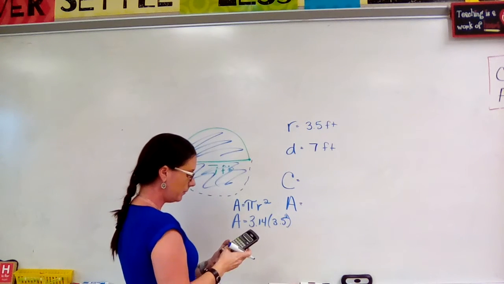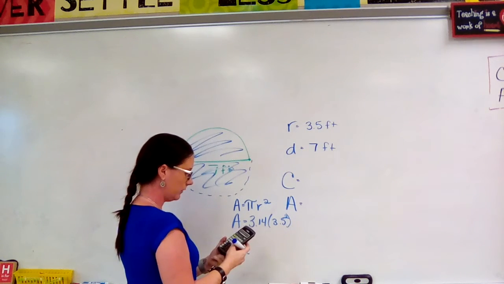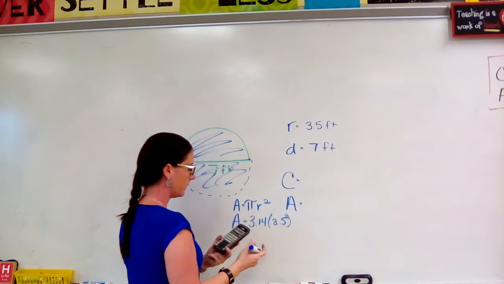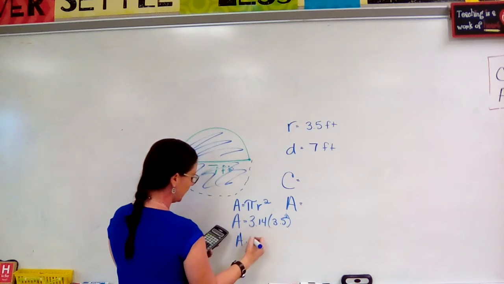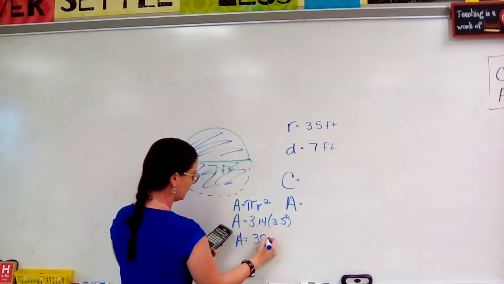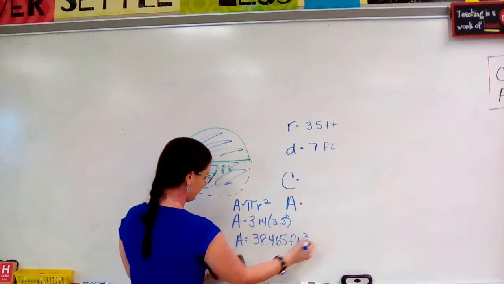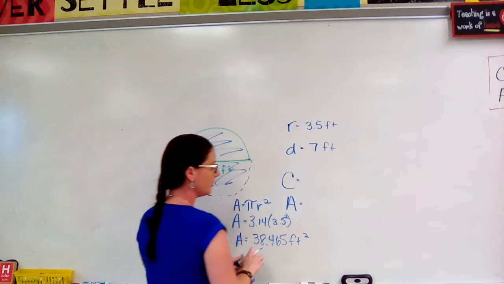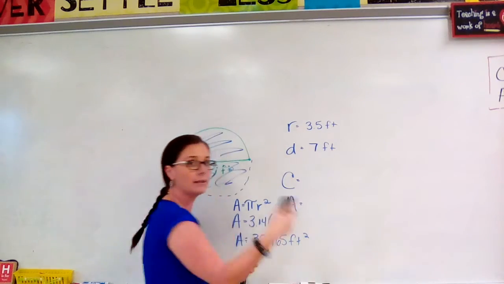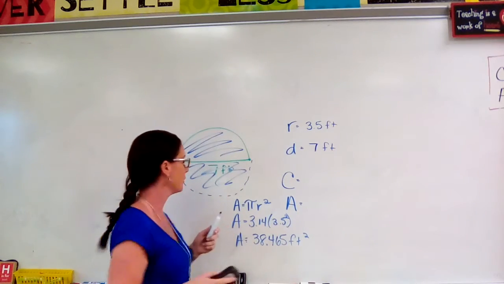So that's going to give me 3.5 times 3.5 times 3.14 to give me an area of 38.465 feet squared. Now that's the area of an entire circle with a diameter of 7 like we just had before.